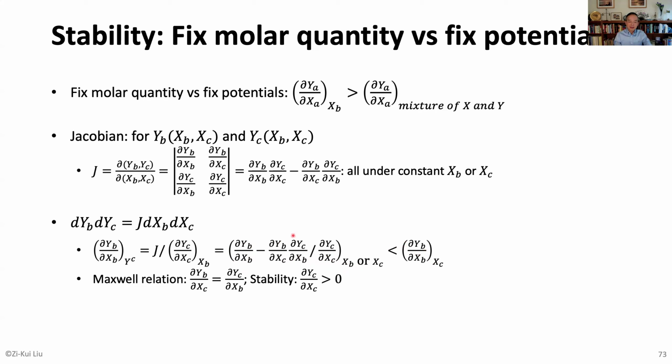Now let's look at the second term here. We know this is positive, right? For a stable system, conjugate variables are positive. And YB_XC and YC_XB, we don't know if they are positive or negative because they're not conjugate variables. Actually, they can be both positive or negative. However, they are equal based on the Maxwell relation. Remember that we talked about the Maxwell relation before.